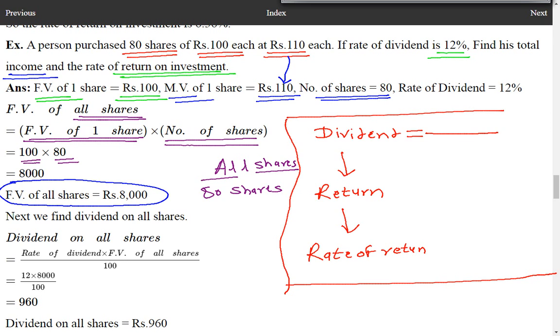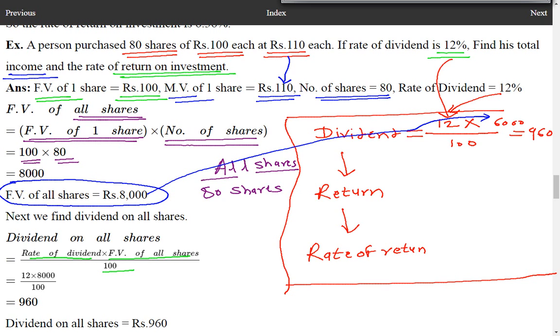Next, we use this formula: dividend on all shares is equal to rate of dividend into face value of all shares upon 100. Rate of dividend, as we have seen, is 12, into face value of all shares, which we calculated just now, 8,000, divided by 100, and that equals 960.